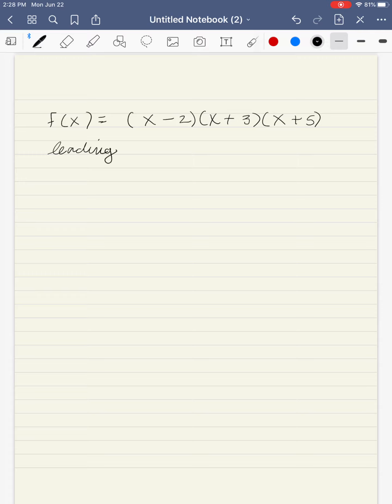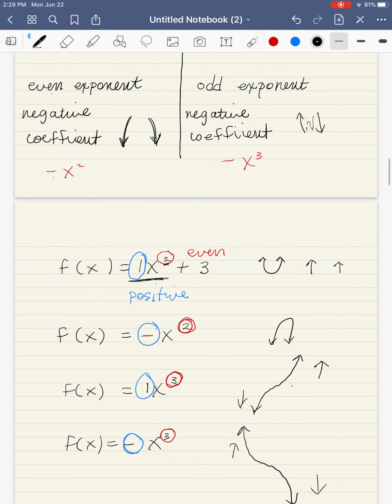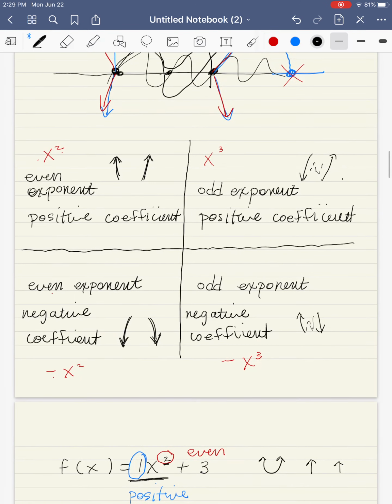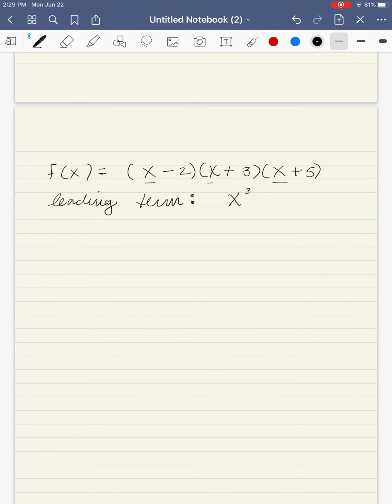So the first thing I'd like you to do is think about what your leading term would be. What would the highest term be? And I'm going to find that by multiplying the beginning here, x, and x. X times x is x cubed. So that's my leading term. That's what I'm thinking about when I'm talking about left, right end behavior in my table here.